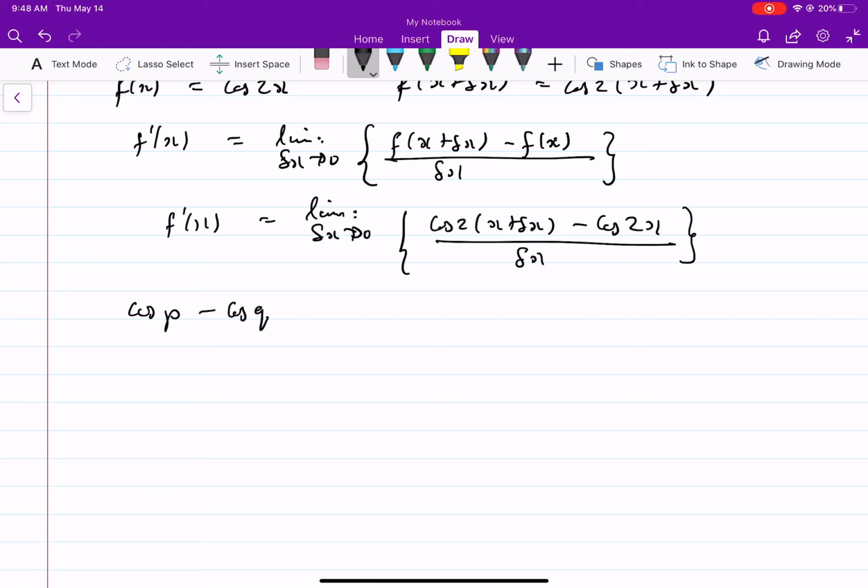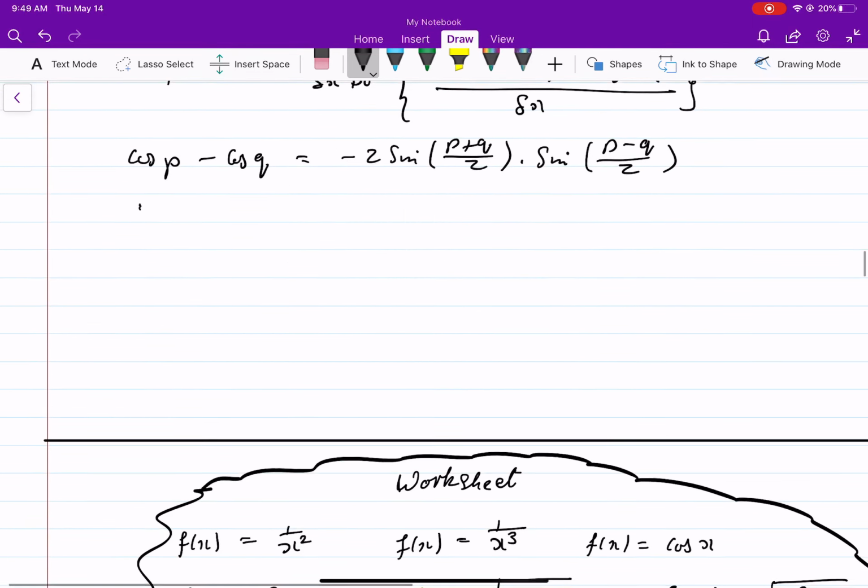Cos p minus cos q is equal to minus 2 times the sine of p plus q over 2 times the sine of p minus q over 2. I'll double check. Y'all are supposed to be the experts now.